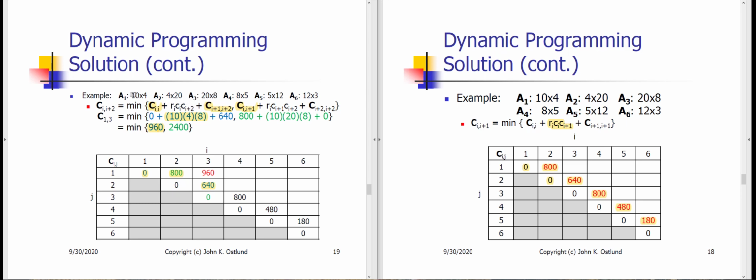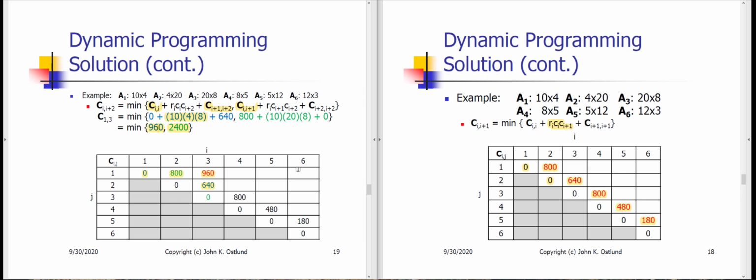So the number of rows in A1 times the number of columns in A2 times the number of columns in A3, 10 times 20 times 8, that's going to be 1,600. 1,600 plus 800 is 2,400. And we want the minimum of those two. Well, the minimum of those two is 960. All right, so that's how we fill in our value of 960 there.